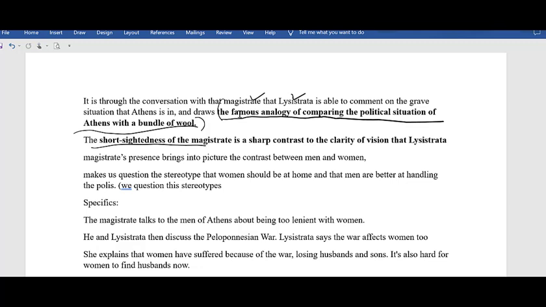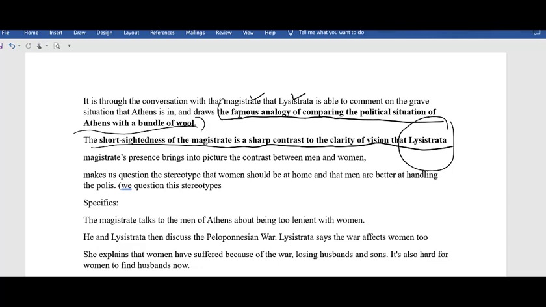And the short-sightedness of the magistrate is a sharp contrast to the clarity of vision which Lysistrata has. The magistrate would have very funny opinions. He would always talk with anger. He would never present a clear argument as Lysistrata is always able to do.